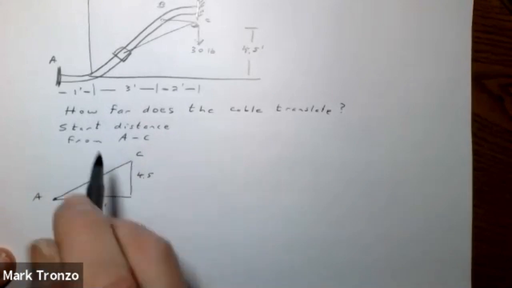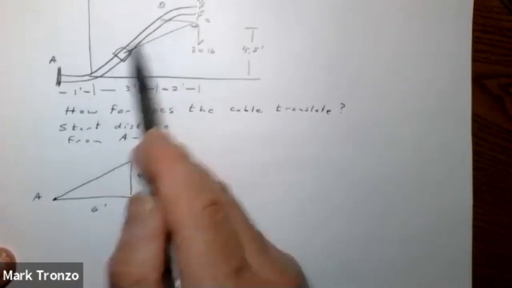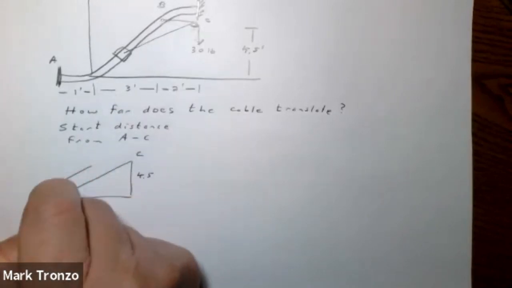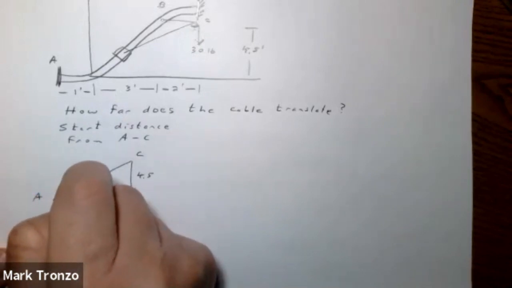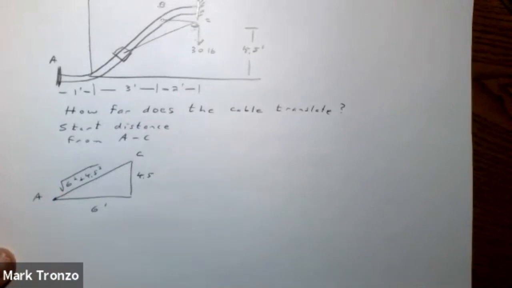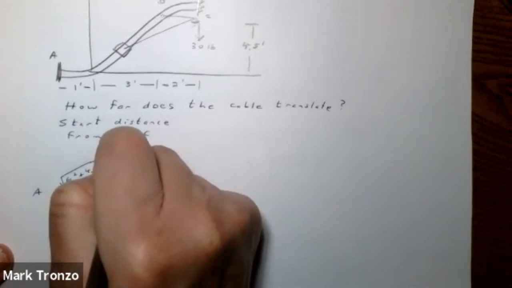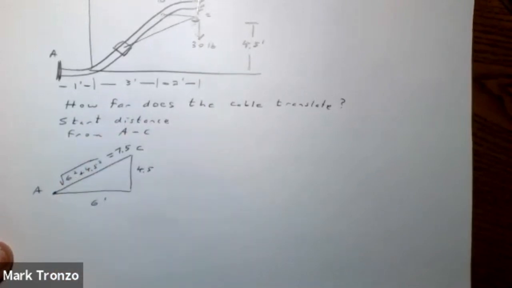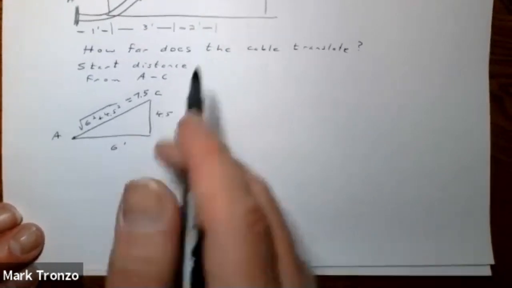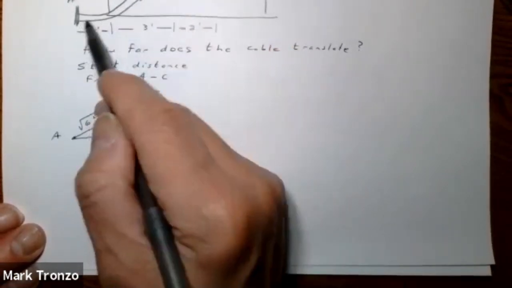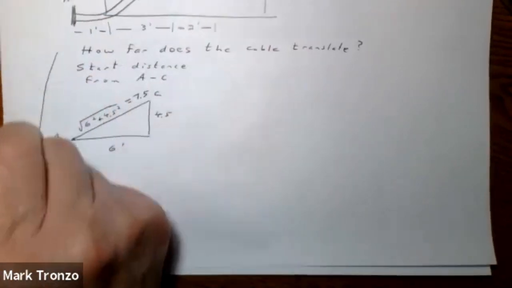So the length of cable that's going from A to C over here is going to be the square root of 6 squared plus 4.5 squared. And we put that in your calculator, that's going to be 7.5. That's going to be the distance of the cable from A to C. So that's going to be the start.